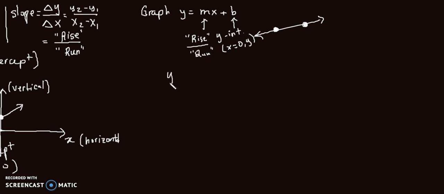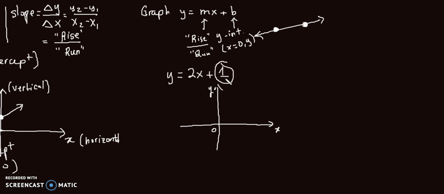Specifically, if I have y equals 2x plus 1, I'll graph it with my axes O, x, y here. Marking 1, 2, 3 on each axis, the y-intercept is 1, so this is my first point.